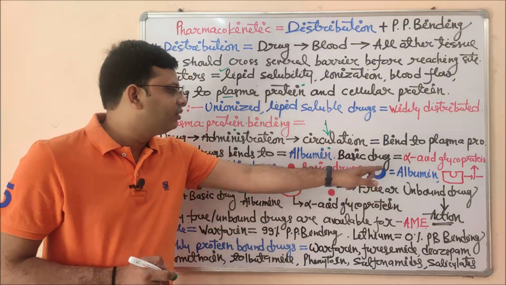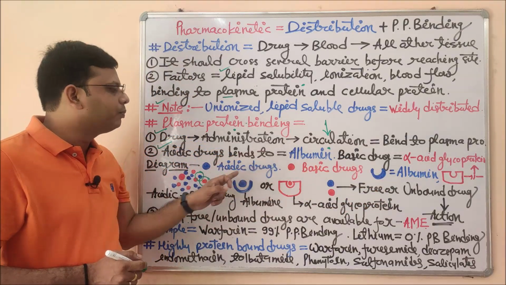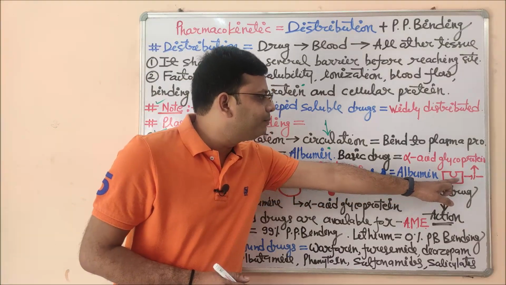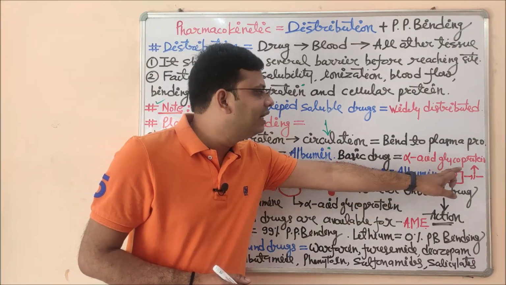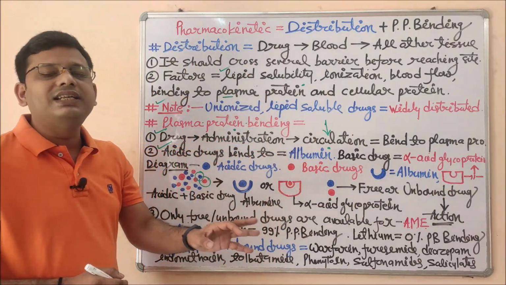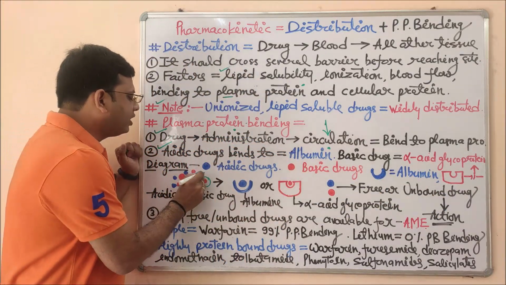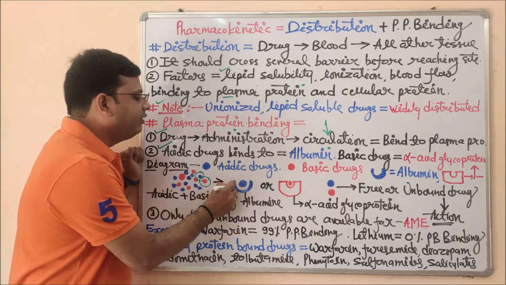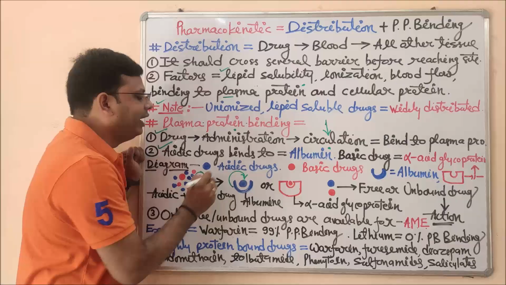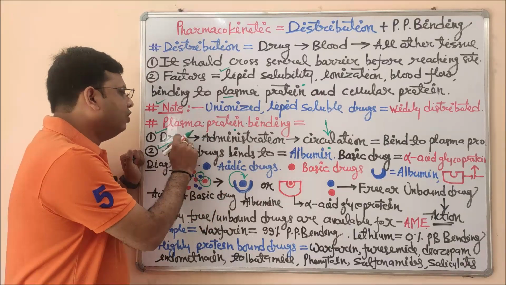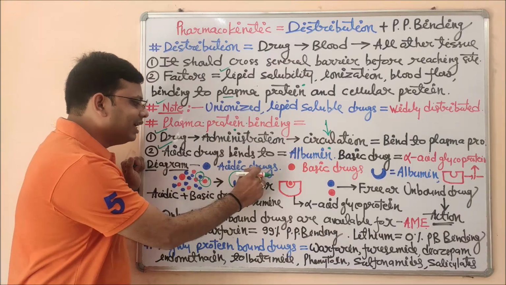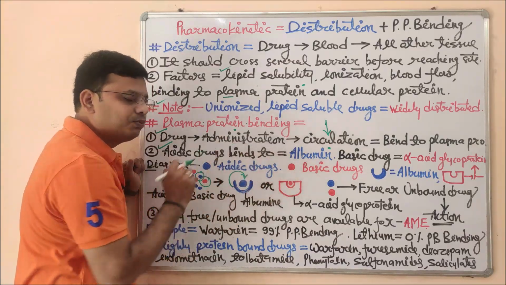This is albumin, a plasma protein which is occupied by the acidic drug, whereas this one looks like a receptor. This is alpha acid glycoprotein, and it is the binding site for the basic drug. So after the drug is available in the bloodstream, what is going to happen? They will occupy their respective binding sites, or we can say binding of the drug with specific reference to types of plasma protein. So the blue one is the acidic drug and this blue U shape is for albumin.